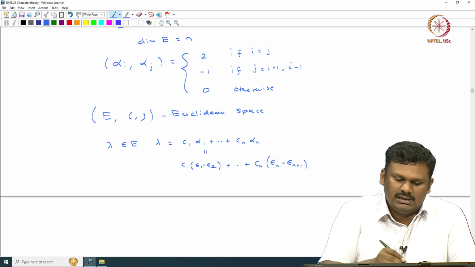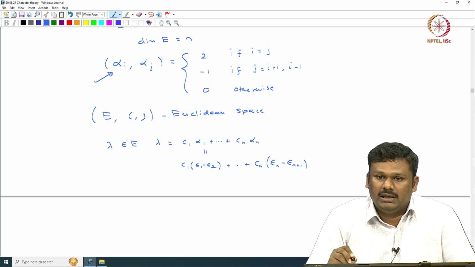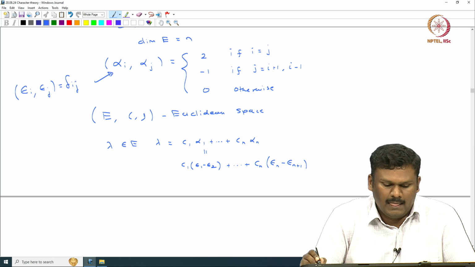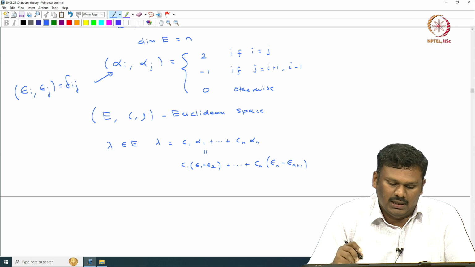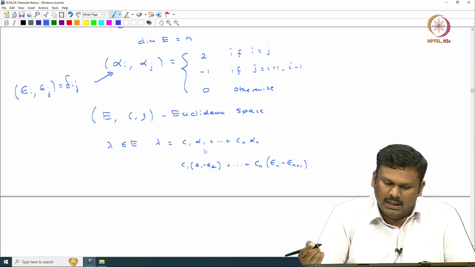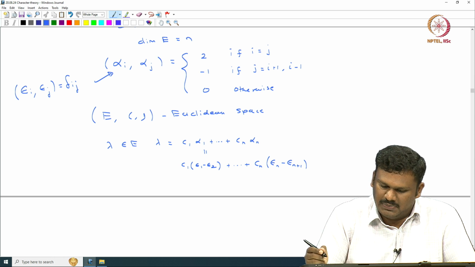Recall this inner product is indeed obtained from the inner product of the epsilon i's. We know (epsilon i, epsilon j) is the canonical delta ij. This is the inner product we had in the ambient space, which induced the inner product on H star. So, it is enough to compute in terms of the epsilon i basis.